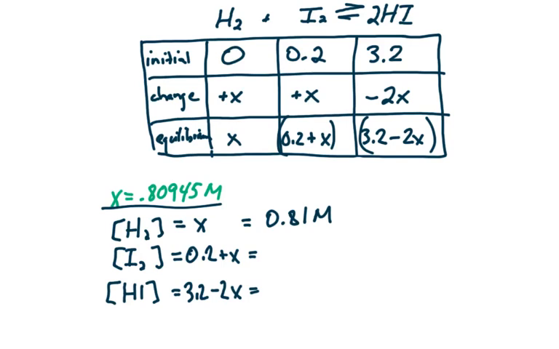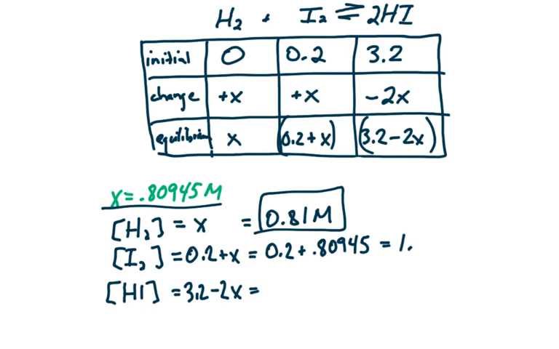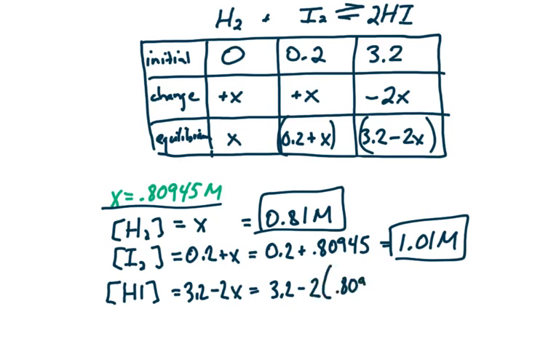It must be 0.81 molar. The equilibrium concentration of I2 must be 0.2 plus 0.80945, which is 1.01 molar. For HI, we take 3.2 and we subtract from that 2 times 0.80945.